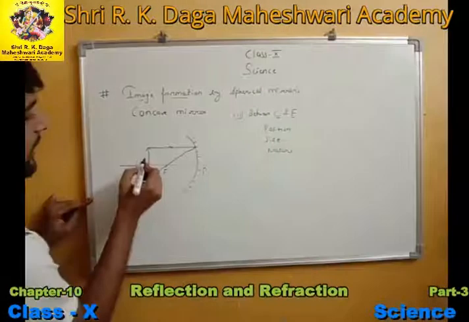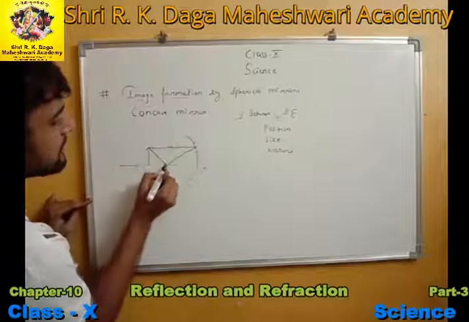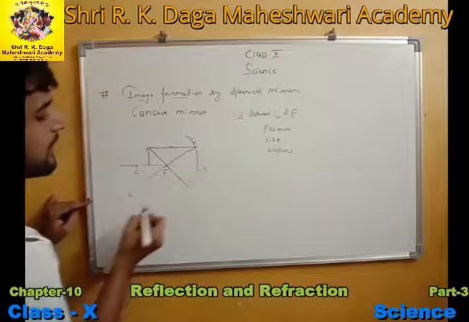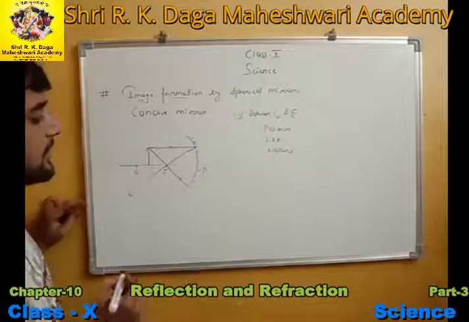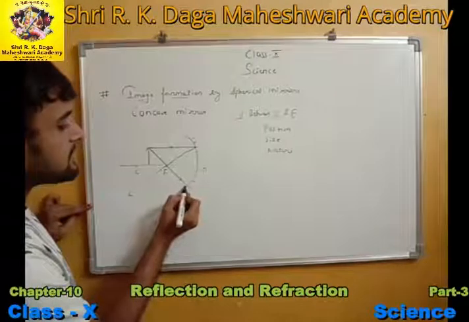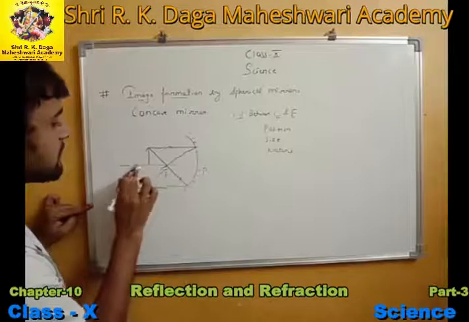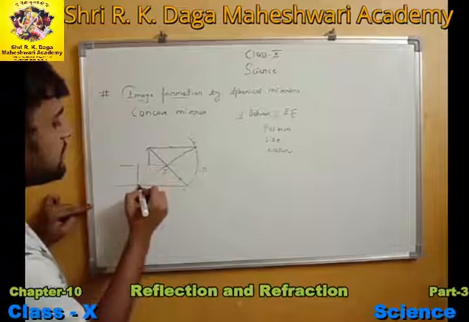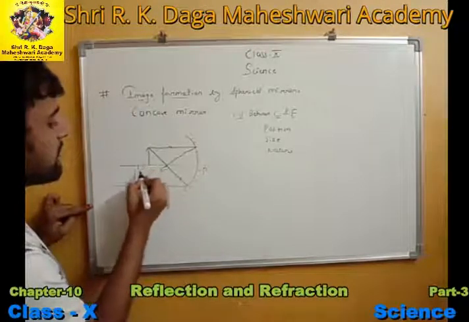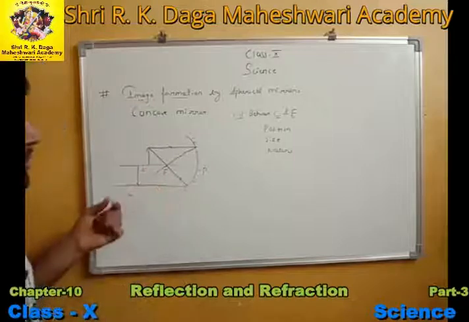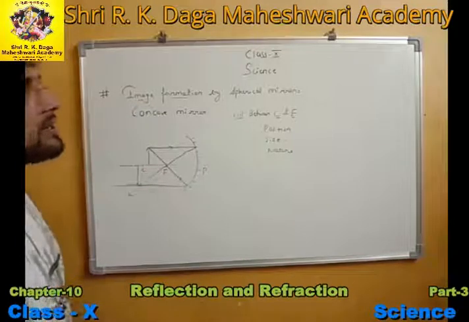Now another ray will be incident through the focus like this. After reflection it will pass parallel to the principal axis, and here at this point we will get our image, right? So our image is formed at this point.